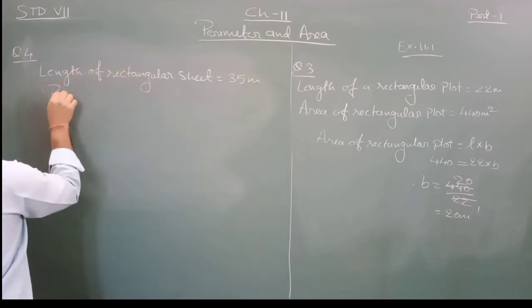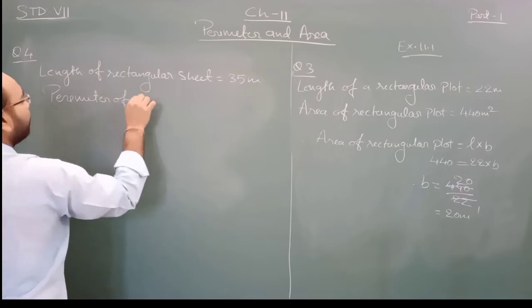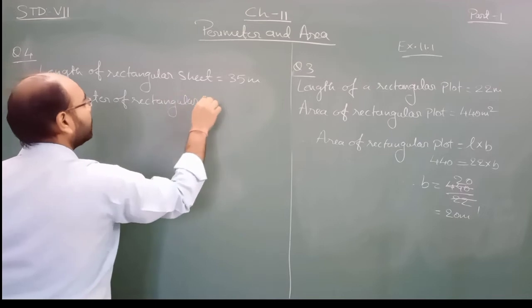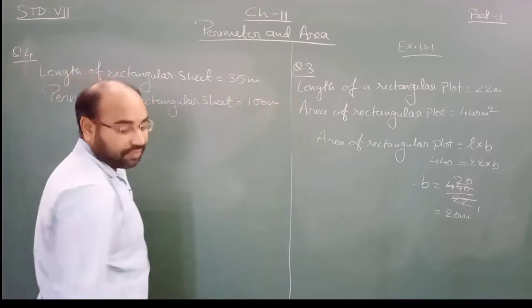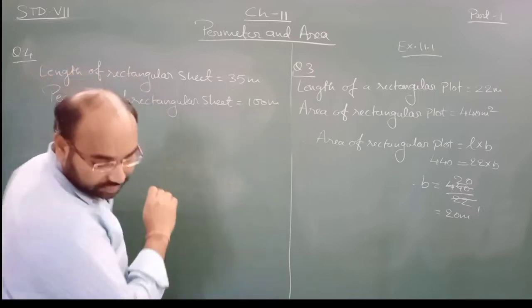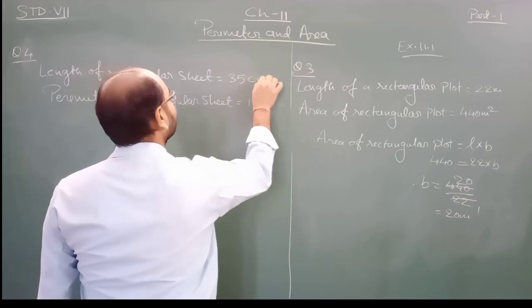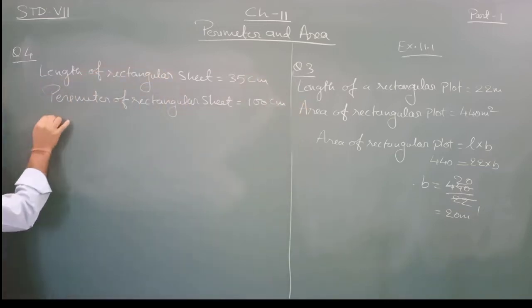Now perimeter is given. Perimeter of rectangular sheet is equal to 100 meter. Sorry, centimeter. So centimeter. Now we'll use the formula.